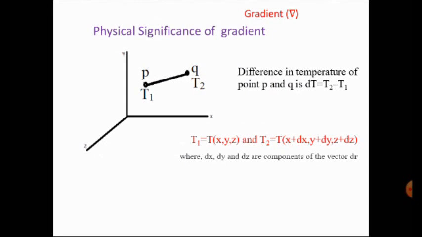Since dT is a scalar and does not depend on the choice of the coordinate system, we can conveniently choose a set of axes so that we could write T1 is equal to T of x, y, z and T2 is equal to T of x plus dx, y plus dy, z plus dz, where dx, dy and dz are components of the vector dr. These dx, dy, dz are the small changes in the corresponding directions.